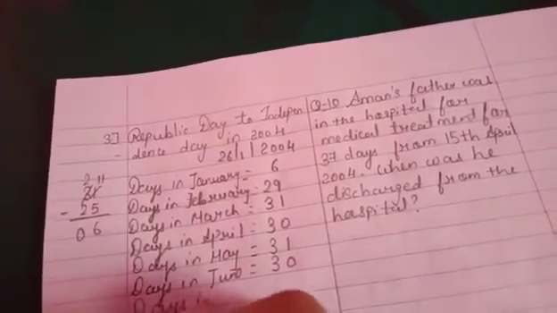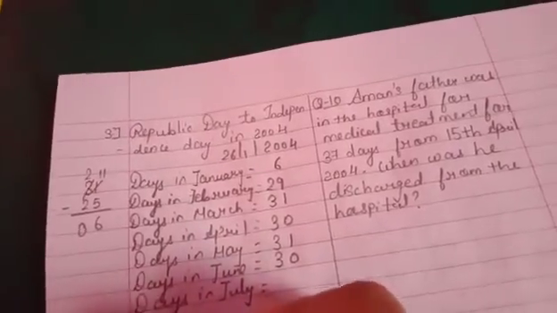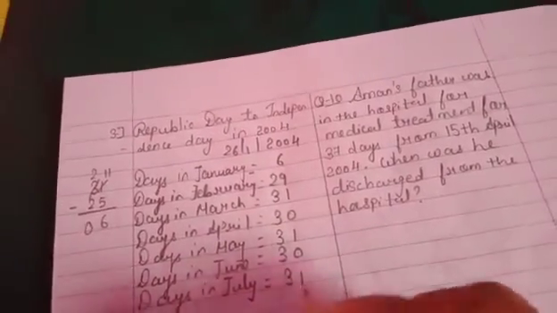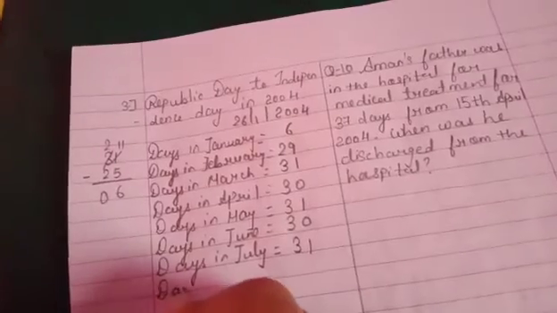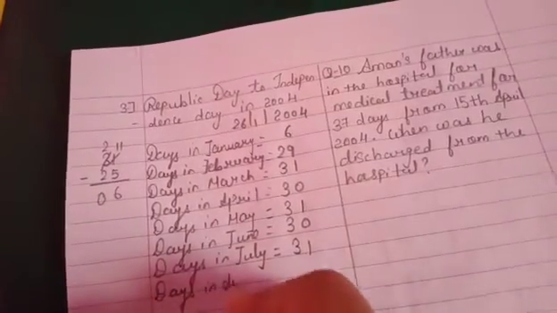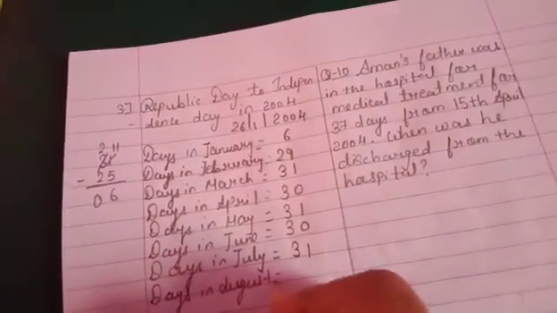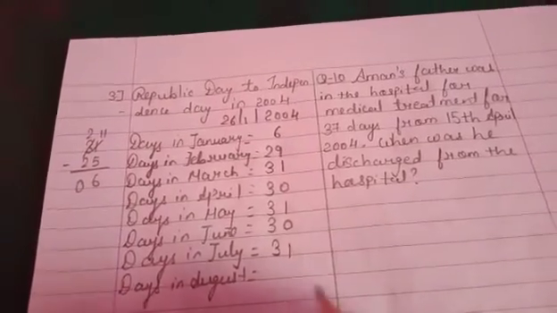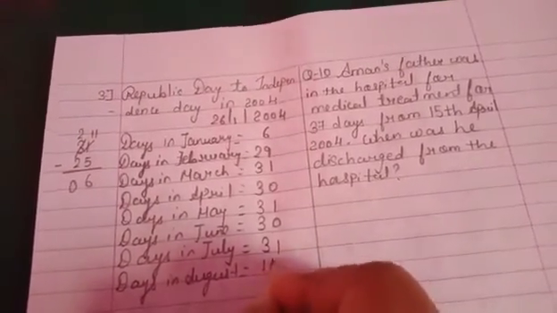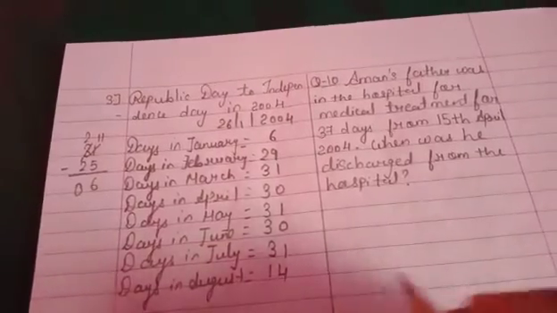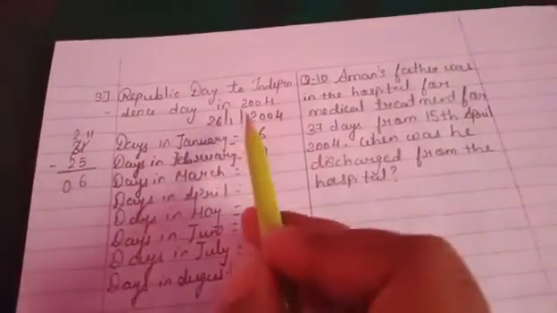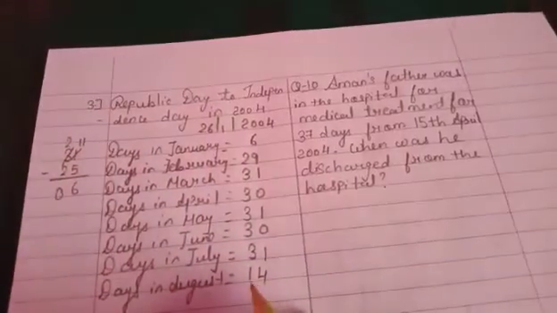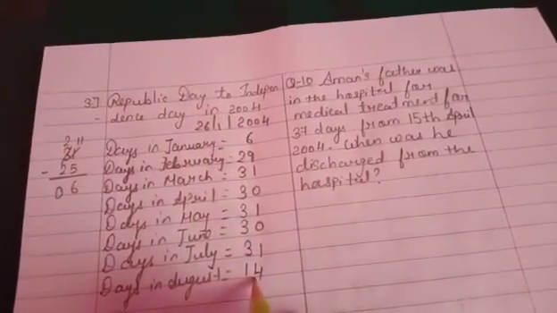Then days in July, that is 31. Then days in August. In August month we will take up to Independence Day. Independence Day is 15th August, so we will consider up to 14th August. We will consider only 14 days, not 15th August, because up to the day before Independence Day, that is 14.